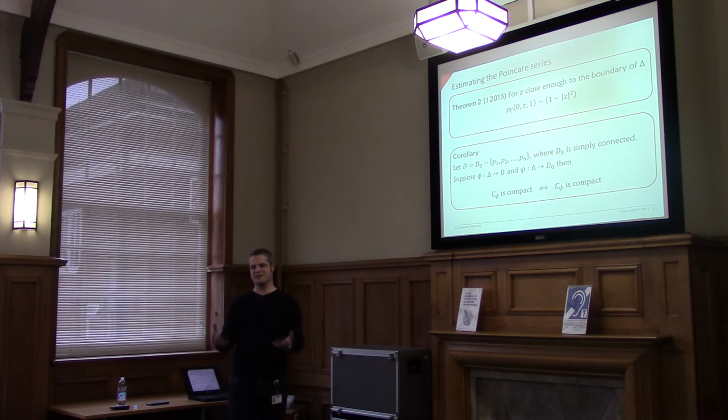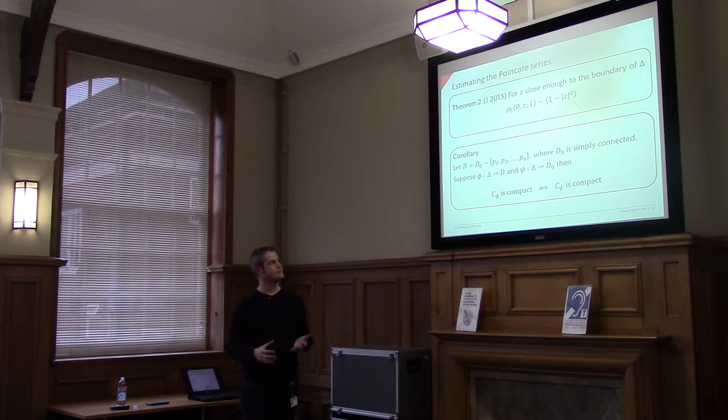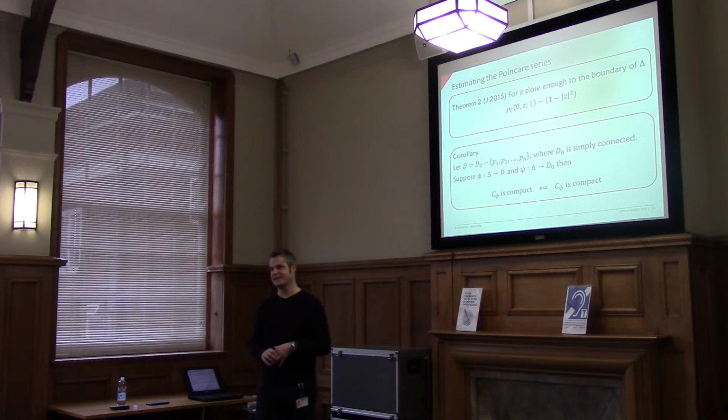So after all of that machinery, it turns out that removing points from a simply connected domain does not affect whether or not your composition operator is compact. It's all to do with the boundary. And the machinery to get there is quite a lot more involved, though, obviously. Okay, I'm going to leave it there, I think.